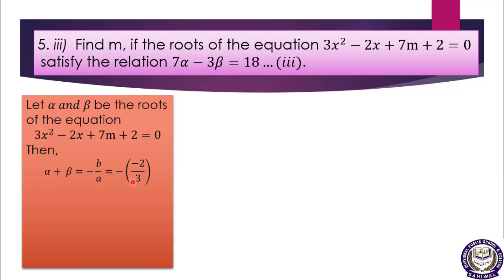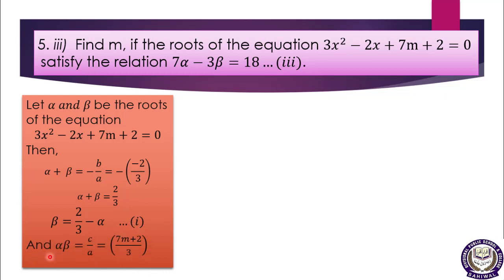We get alpha plus beta equal to 2 over 3. Then beta will be equal to 2 over 3 minus alpha. Let us call this equation 1.